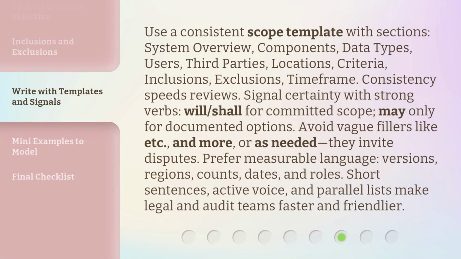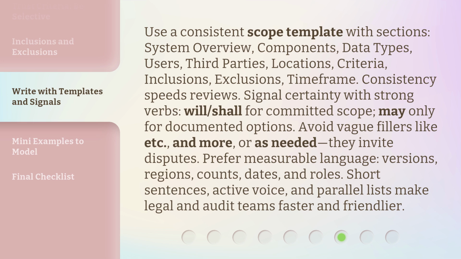Use a consistent scope template with sections: system overview, components, data types, users, third parties, locations, criteria, inclusions, exclusions, timeframe. Consistency speeds reviews. Signal certainty with strong verbs. Will/shall for committed scope.